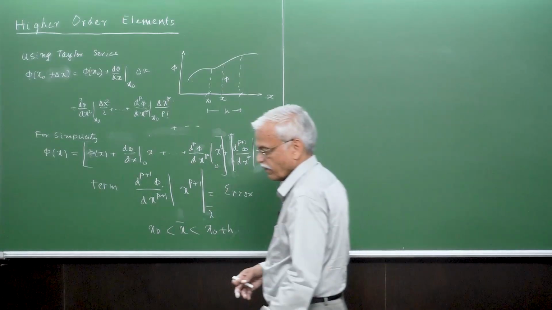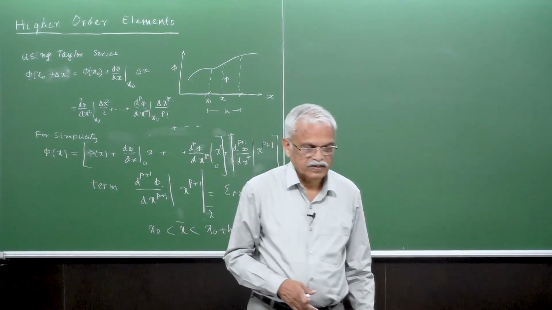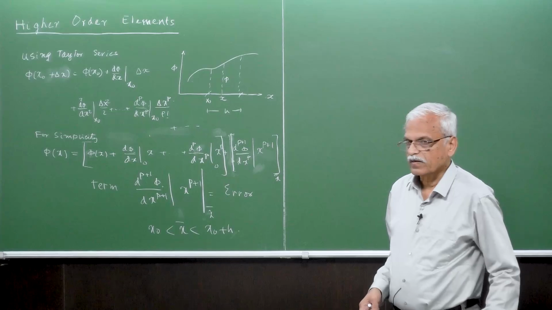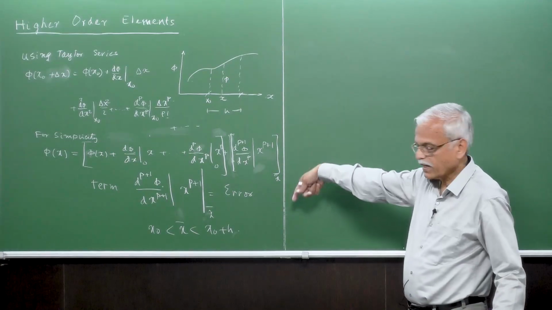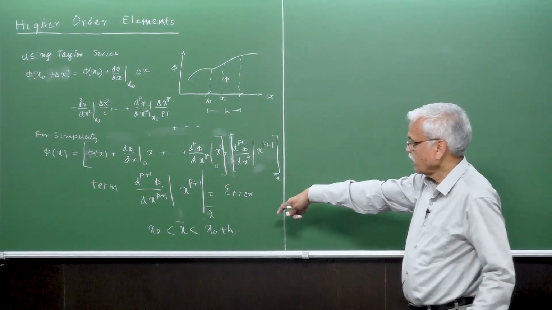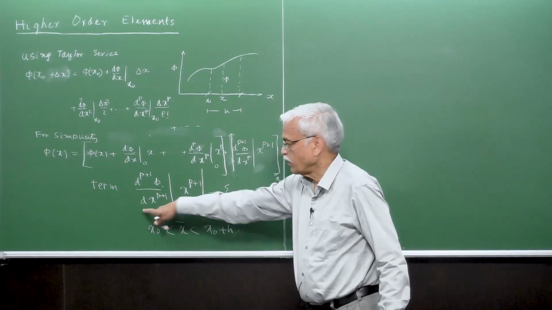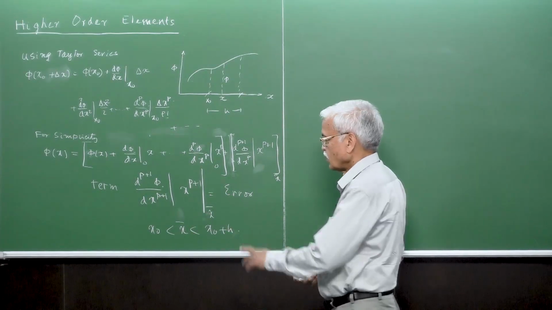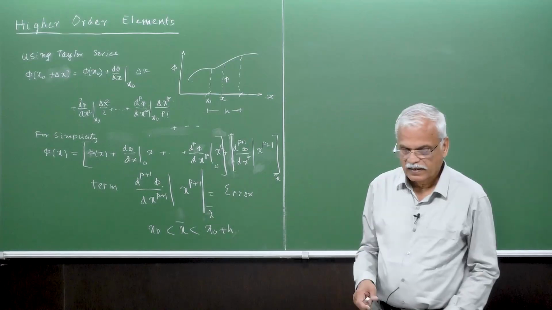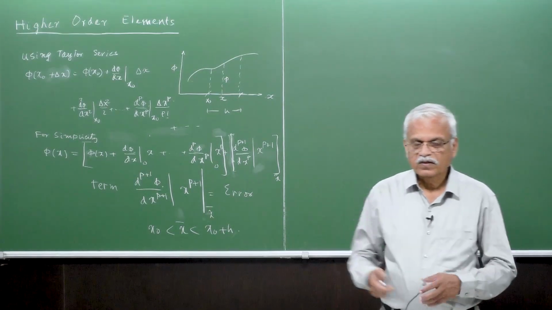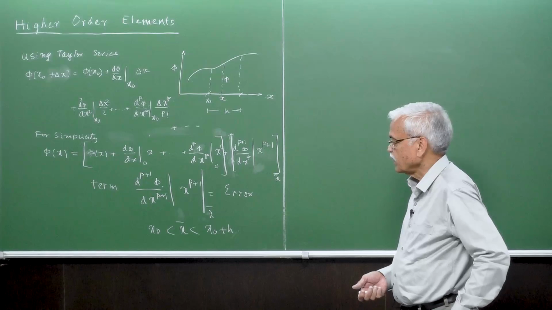In the finite element approximations, obviously we are taking only a finite number of terms. That means many higher order terms are left out, which will be accounted for in this one. So what is the procedure of approximation? What do we want to achieve?